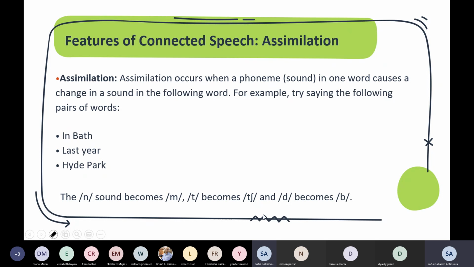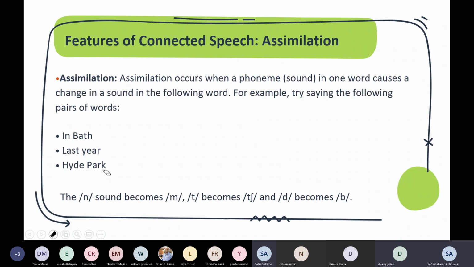So in the first example, we can see that the N sound becomes an M. It would be imbath. Can you try reading it like that, Julie? But first, I'm going to explain it again.